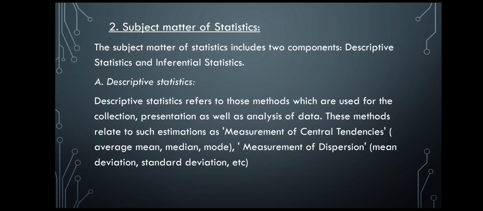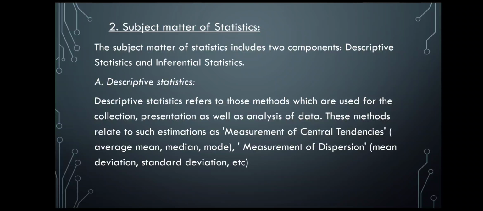These methods relate to such estimations as measurement of central tendencies, average mean, median mode, measurement of dispersion, mean deviation, standard deviation, etc. So all those tools that are used to derive at a particular data to reach to a particular conclusion, all that method is considered to be descriptive statistics.